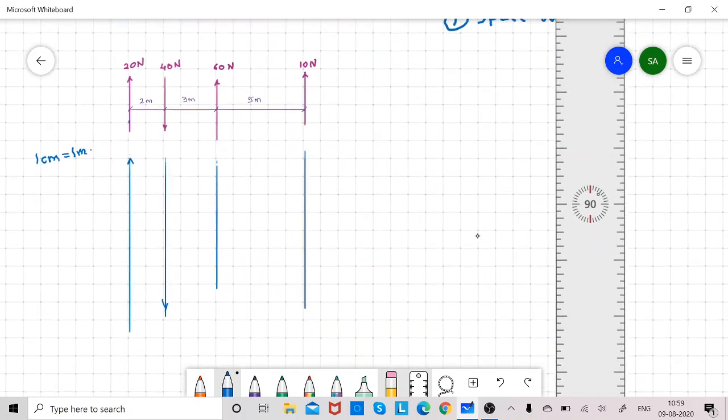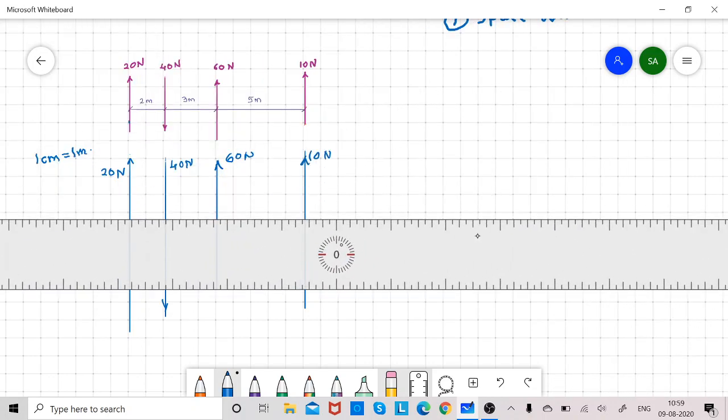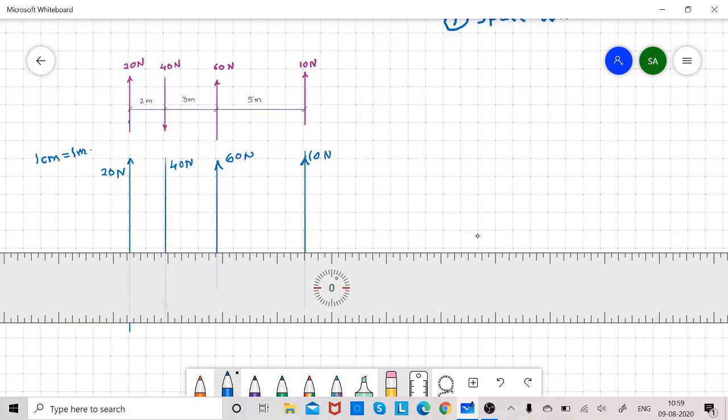So in the space diagram this 20 Newton force is given upward, then this is the 40 Newton force, the 60 Newton force upward, and the 10 Newton force is also upward. The distance between the forces is marked to some suitable scale.